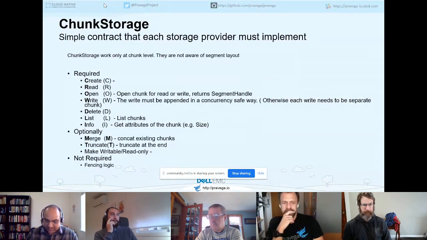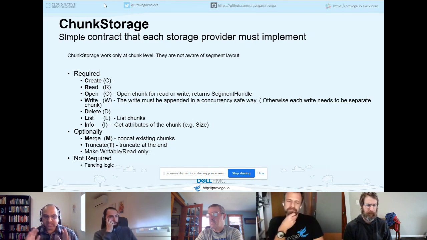The API that we now expect the individual storage provider to implement is vastly simplified. All the complexity of fencing is removed. It's concentrated in SLTS, which handles all the failure scenarios and all the fencing logic.